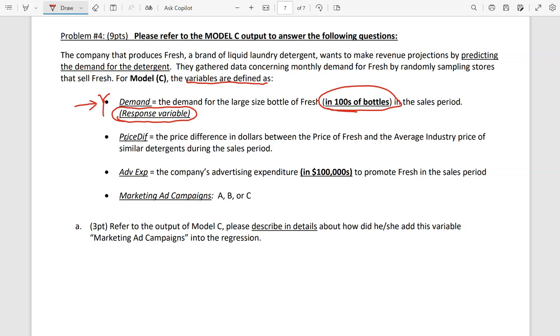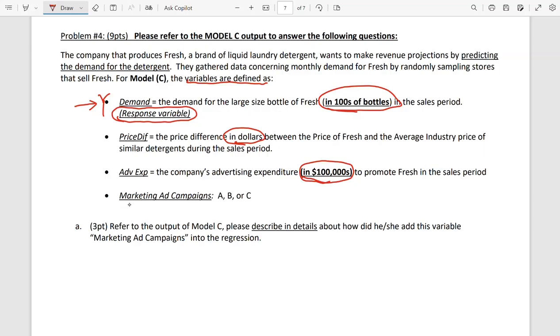And then next you have the price difference. It is the price difference in dollars between the price of Fresh and the average industry price of the similar detergent during the sale period. And then ADVEXP, this is the company's advertising expenditure, in hundreds of $1,000, to promote Fresh in the sales period.